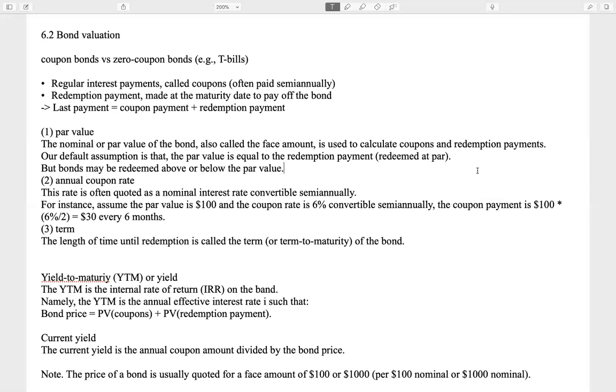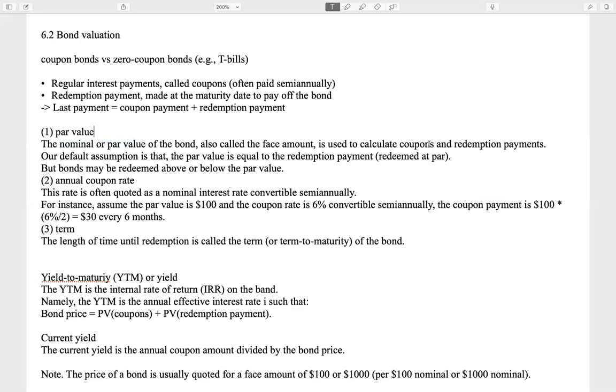So 5% is the annual coupon rate. But that's not enough, right? How are you going to calculate the exact amount to be received for each coupon? We need an amount, then we use amount times coupon rate to calculate the amount of interest, right? So that's when this value kicks in. We need a par value, we need a nominal value in order to calculate coupons, right?